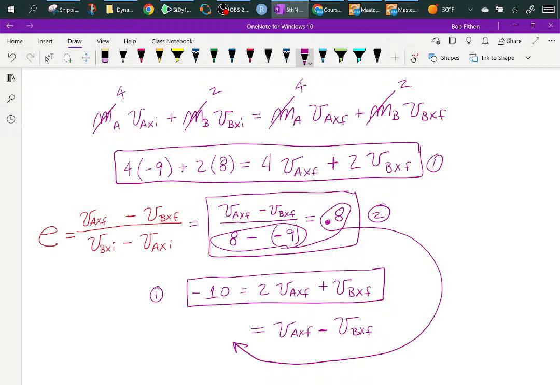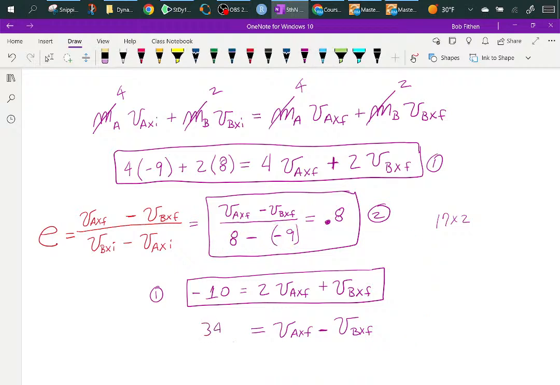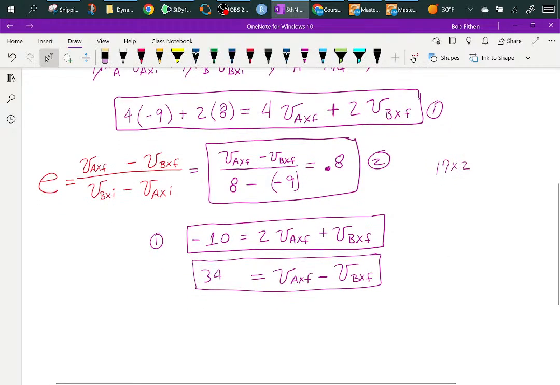That value is going to be 17 times 2, which gives me 34 over there. Oh, something happened on my phone there. I will go back and check this after I get this.